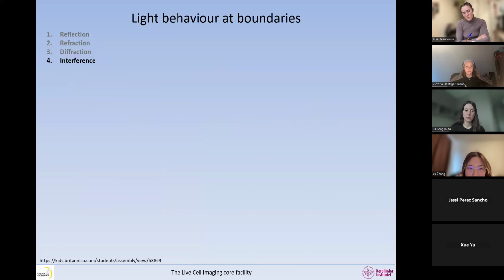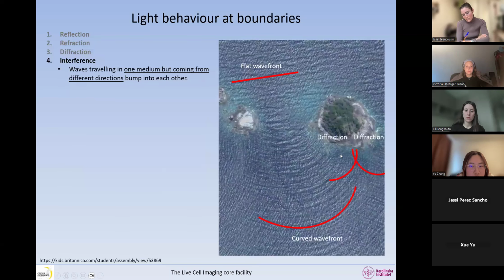And now the fourth phenomenon that can happen is interference. So now again, light is traveling in the same material. So we are not at the boundary between two materials, but we have a flat wavefront in here. And then we have seen that we have these islands here. So behind the obstacle, the light is bent, and we have this curved wavefront.